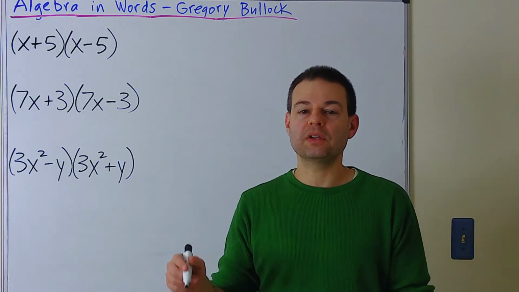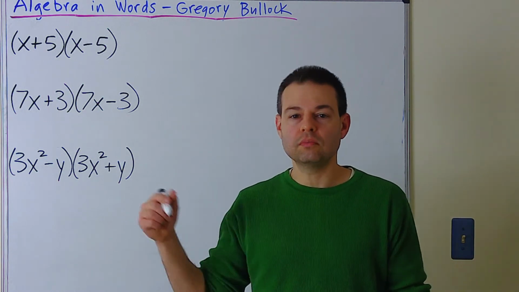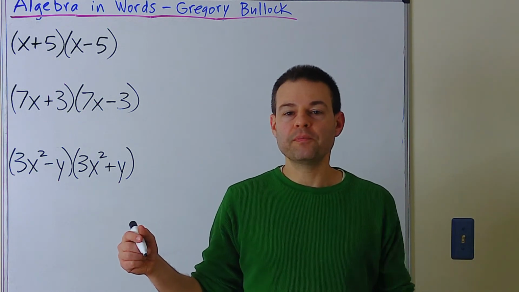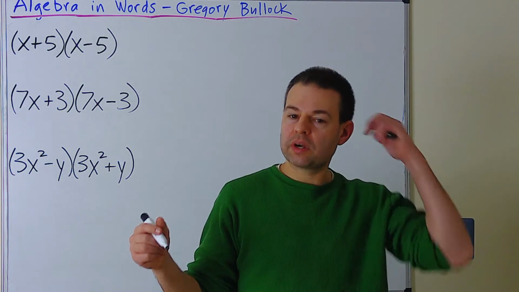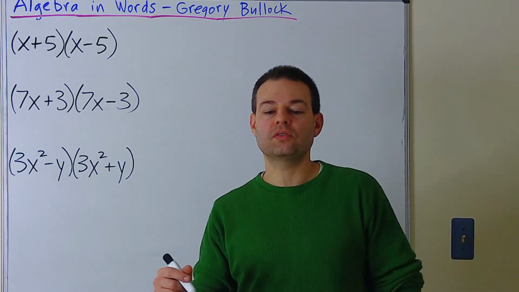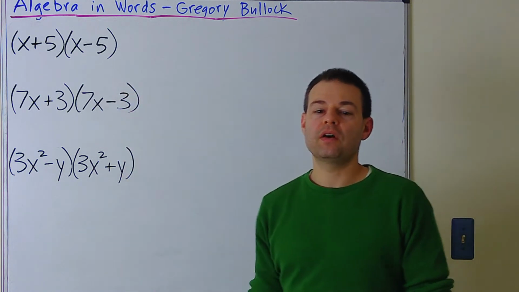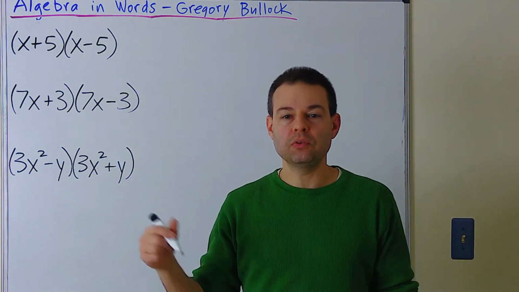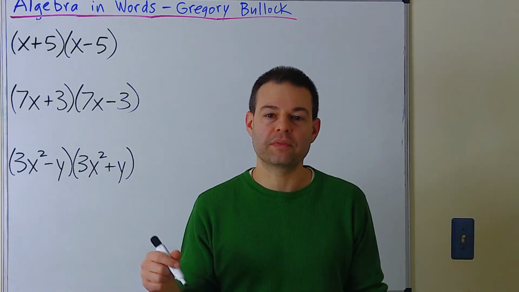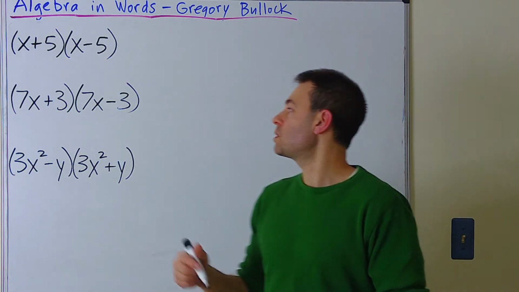Now, I'm going to introduce and show the shortcut and the method, but somewhere throughout the video, I'm also going to show what happens if we do the FOIL method, and the advantage of why we do the shortcut over the FOIL method. So anyway, let's get started.